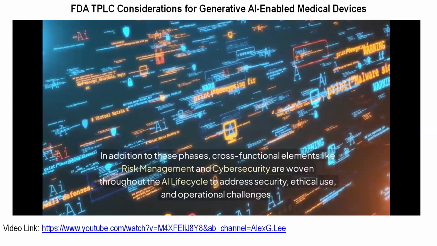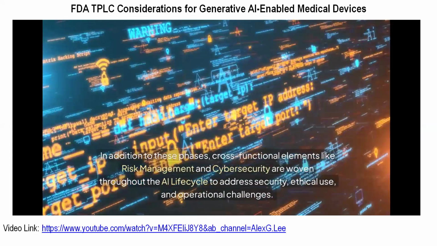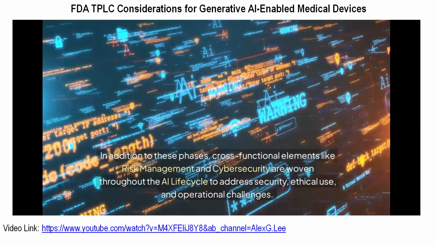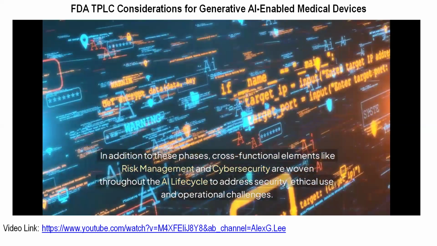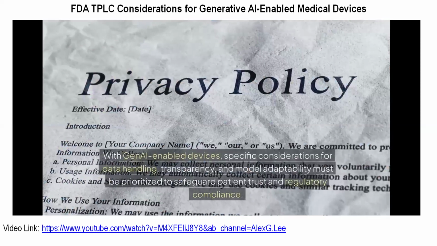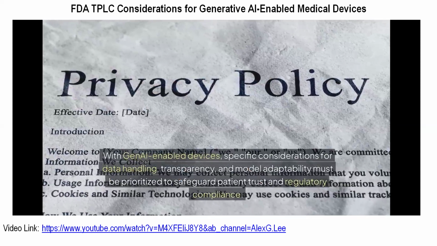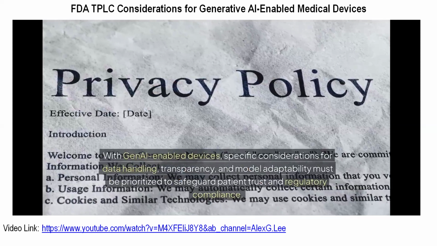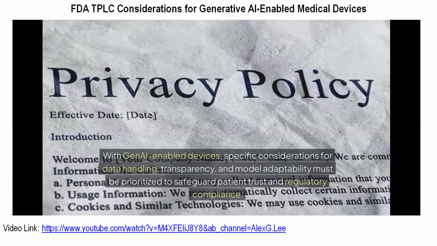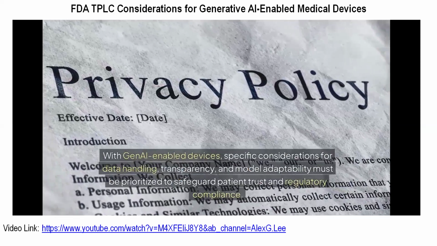In addition to these phases, cross-functional elements like risk management and cybersecurity are woven throughout the AI lifecycle to address security, ethical use, and operational challenges. With Gen AI-enabled devices, specific considerations for data handling, transparency, and model adaptability must be prioritized to safeguard patient trust and regulatory compliance.